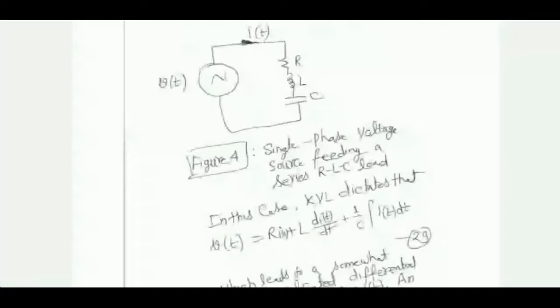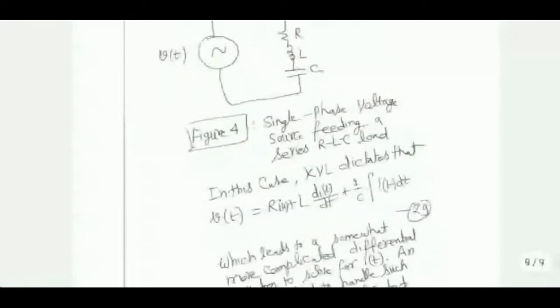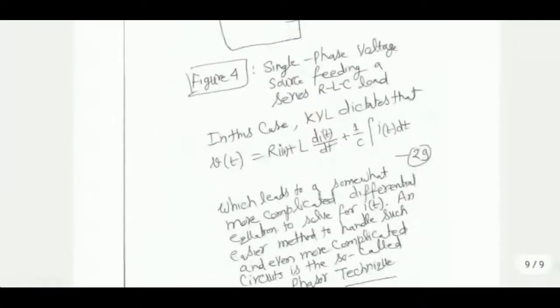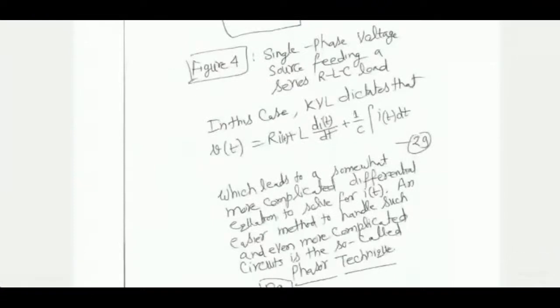It is possible to solve this equation by using Laplace transform and many other techniques, but a more suitable approach for handling complicated AC circuits is that instead of using a time domain, we try to use frequency domain. In that technique, differential coefficients are not necessary, integration is not necessary.